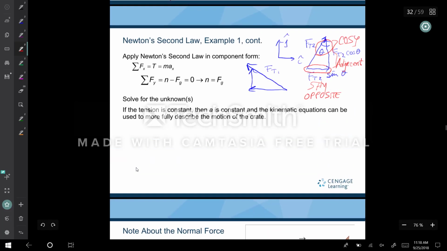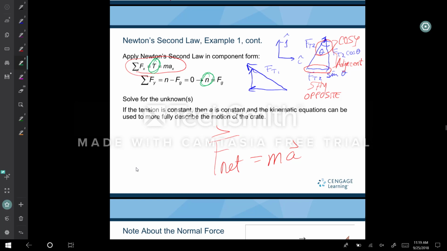Anytime you're dealing with forces, you're going to be dealing with Newton's second law. F equals ma. F net. So here's an example of what I find difficult to digest, these symbols.